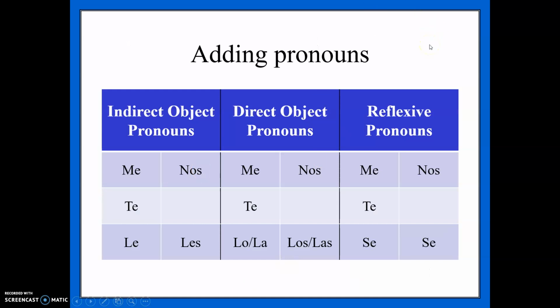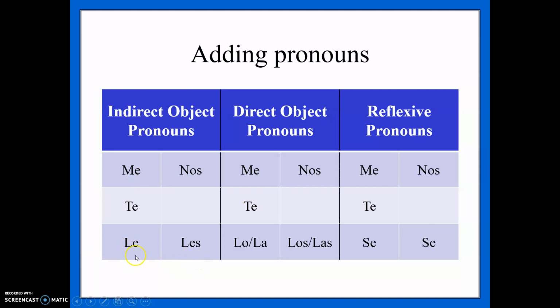Okay, so now our favorite part, we're going to talk about adding pronouns. So remember we have 3 different types of pronouns that we could add. Indirect object pronouns, direct object pronouns, and reflexive pronouns. The me, te, and nos are the same in all of them. What changes is the third person singular and the third person plural.